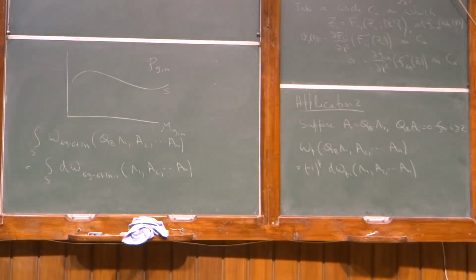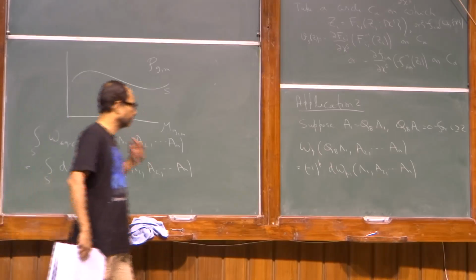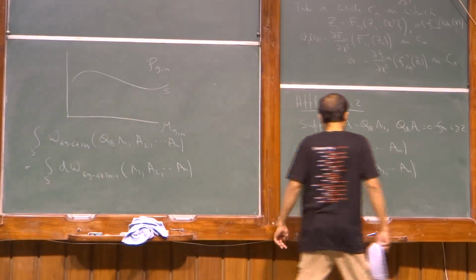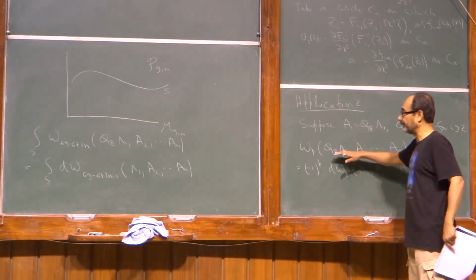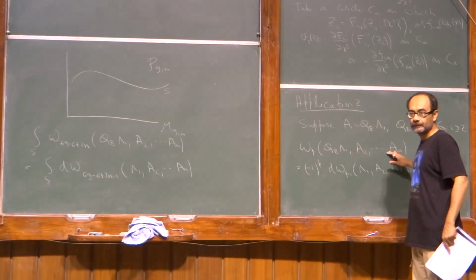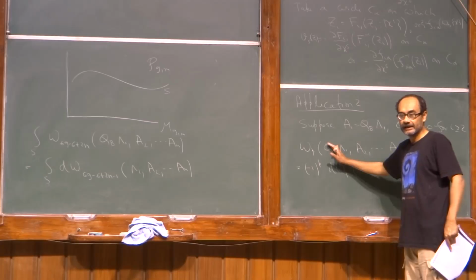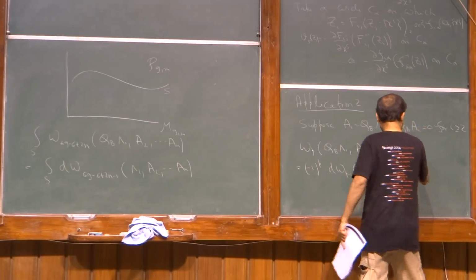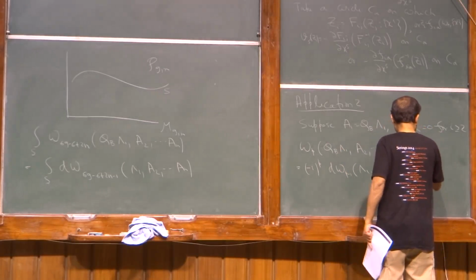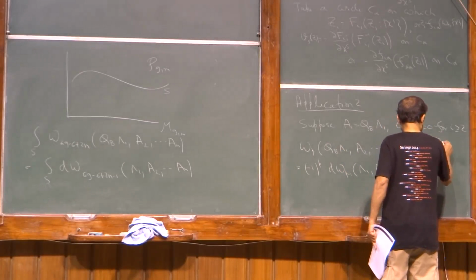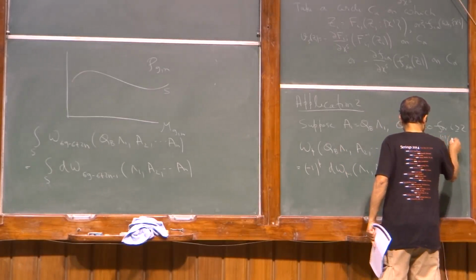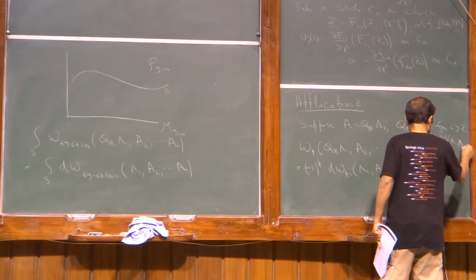So here also, I think the QB is acting only on lambda 1, and the other terms are all 0. See, suppose you have the sum over QBI. So this is equal to omega p of the sum over QBI lambda 1, A2 to An.